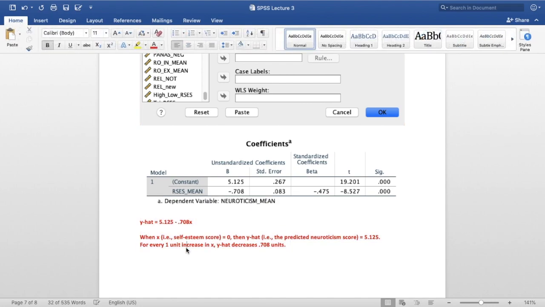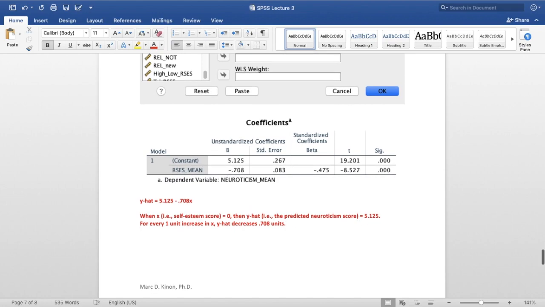And for every 1 unit increase in X, Y-hat decreases, because it's negative, by 0.708 units.